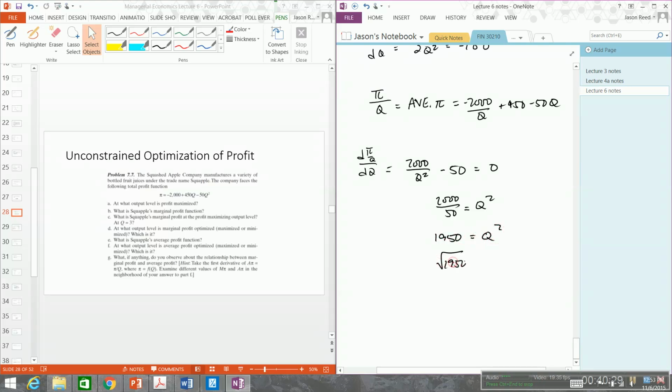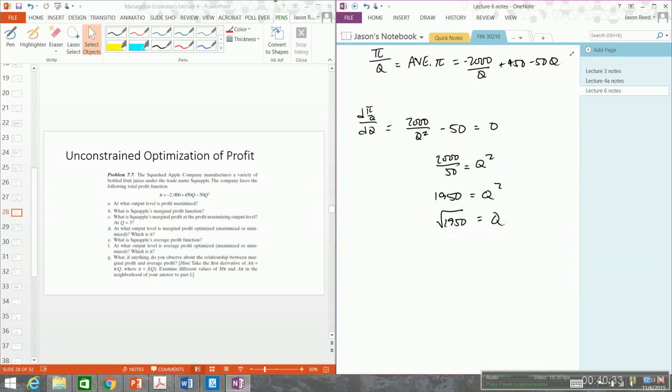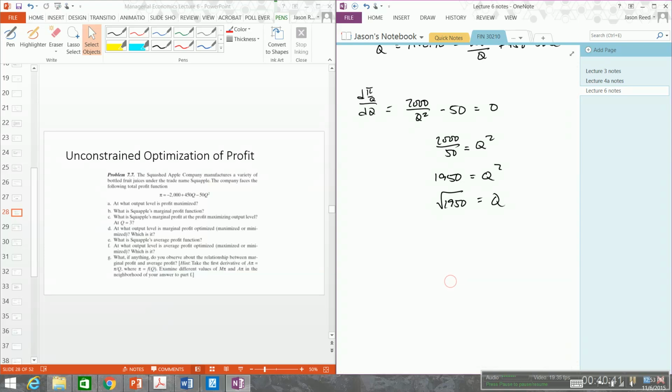Square root of 1950 is equal to Q. So at this quantity, we would find a positive value, which would be the optimized level of our average profit function. Do we know whether this would be positive or negative? Well, or a minimum or a maximum. In order to identify that, we can take our second derivative.